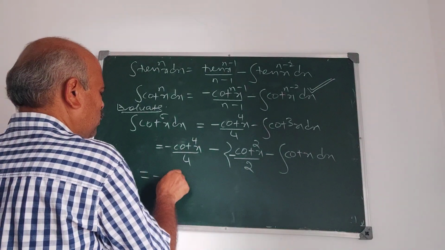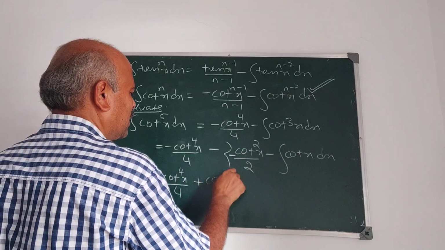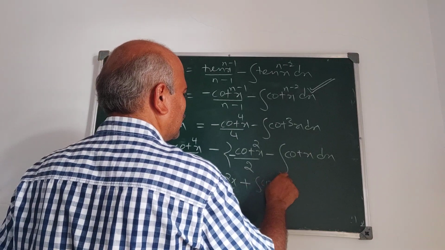Therefore, minus cot x raised to 4 upon 4 plus cot square x upon 2 plus integral cot x with respect to x.